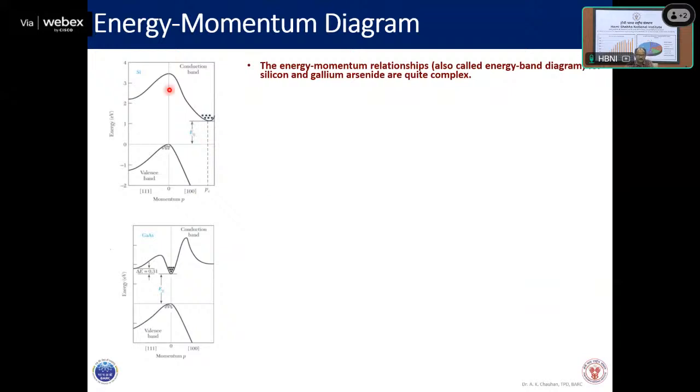For silicon, this is a typical energy-momentum diagram, where p is 0, and you will see the minimum of the conduction band does not actually coincide with the maximum of the valence band.